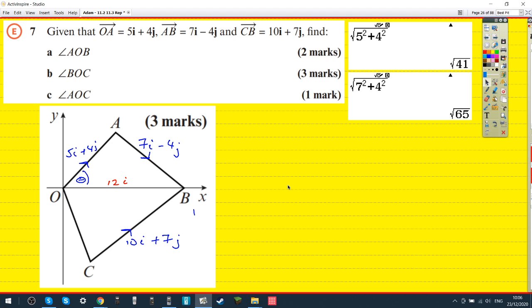Wait, so we've got... Do we have the bottom, like the hypotenuse is 12i, but do we need it as a full number? It's not a hypotenuse, I don't think. So we have square root of 41, square root of 65.